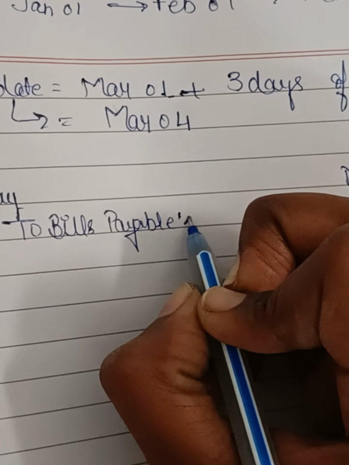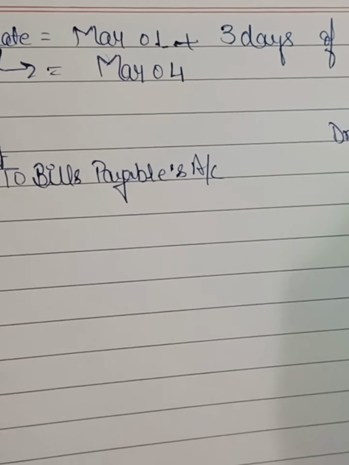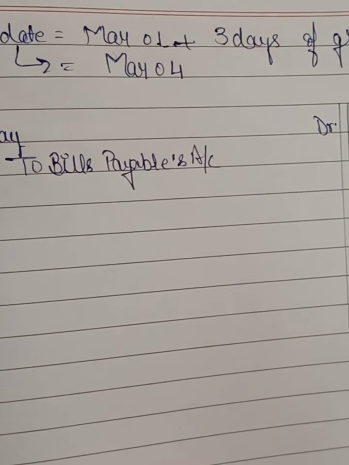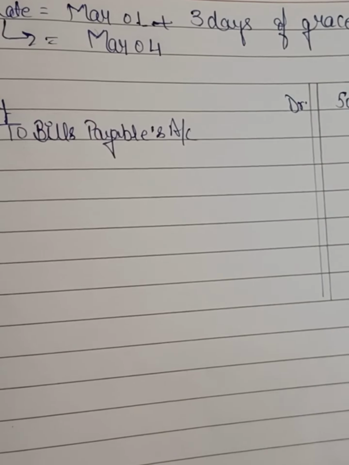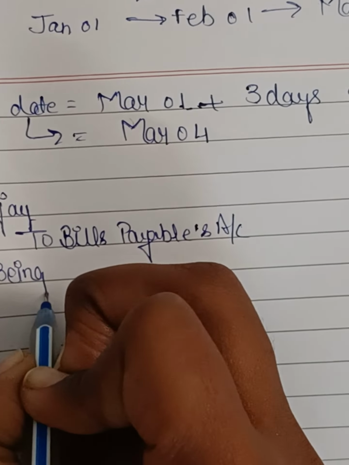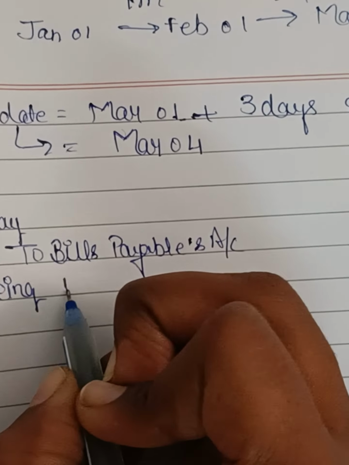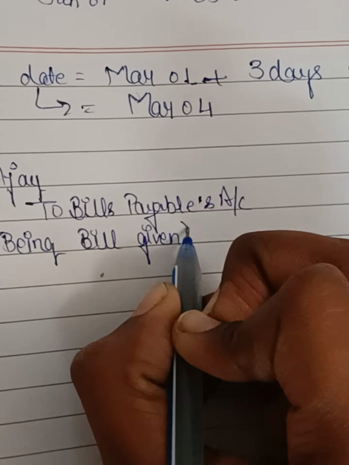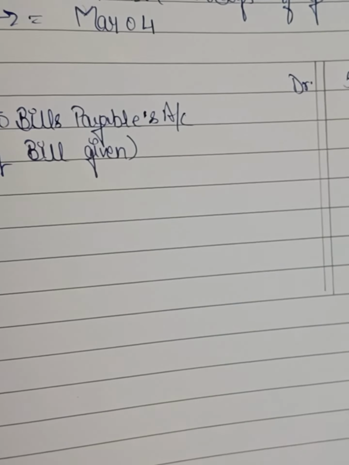It's because it's a liability, so it is credit, meaning we have to pay it. What will be the narration? Being bill given. You can write the narration on your own.